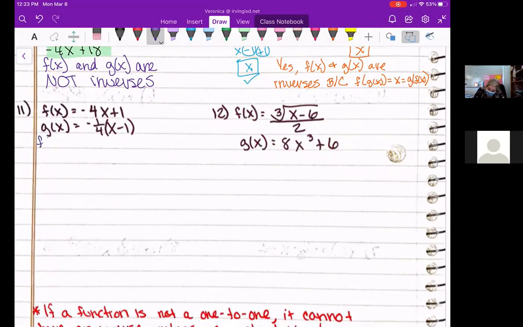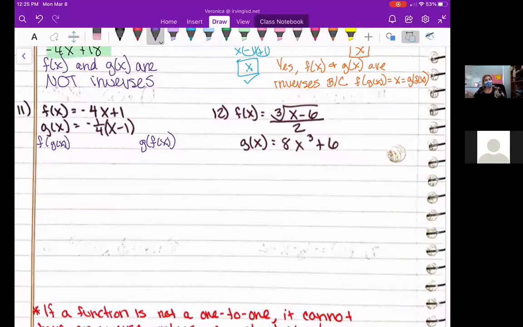So we know we're going to have to do f of g of x, and we're going to have to do g of f of x. I'm going to give you 1 minute. Do y'all want to try it on your own and see how it goes? I think you should. I'll give y'all 2 minutes.